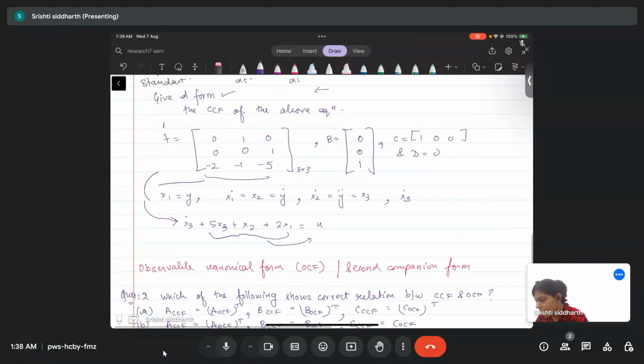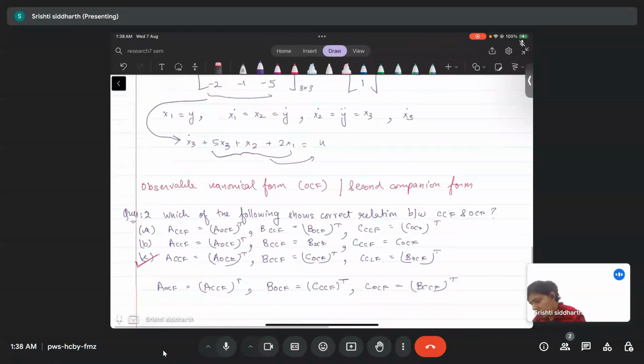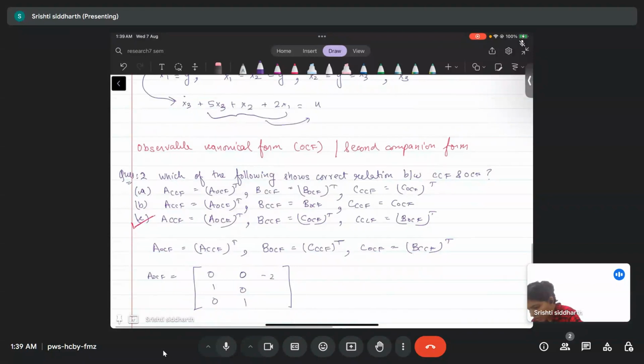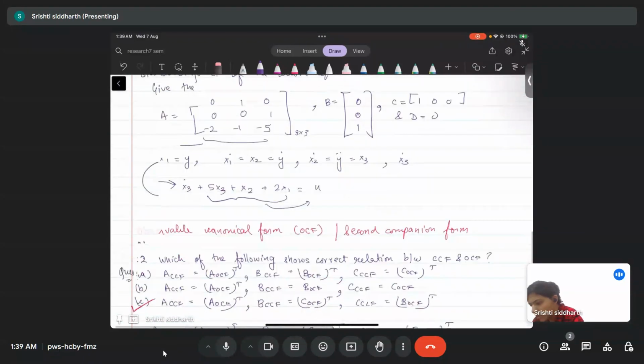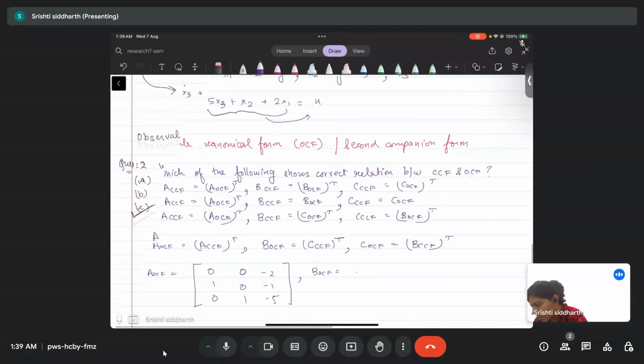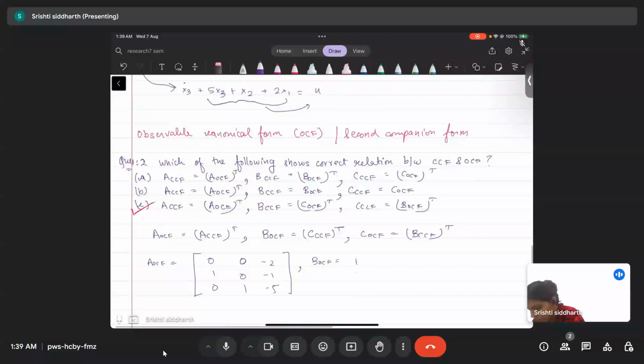So let's apply it to the question that we have just seen. So AOCF is going to be the transpose of this. So 0 1 0, 0 0 1, and then the last row -2 -1 -5. BOCF is going to be obtained from the C vector, which is 1 0 0.